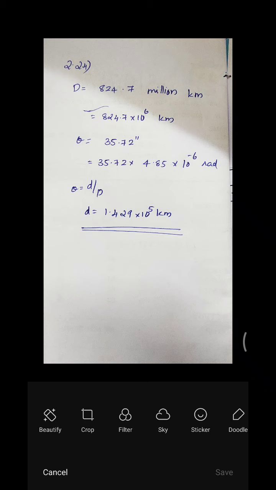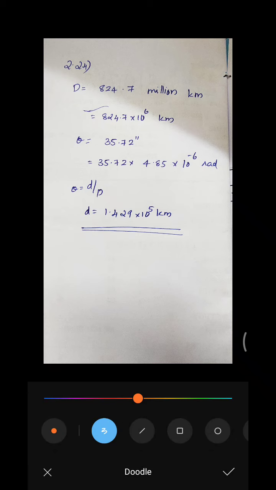And the capital D value is given as 824.7 million kilometers, that is 824.7 into 10 raised to 6 kilometers. So just multiplying both these values we can obtain the small d value as 1.429 into 10 raised to 5 kilometer.